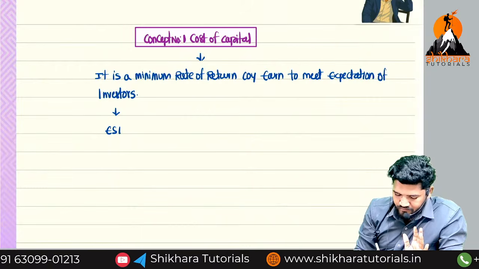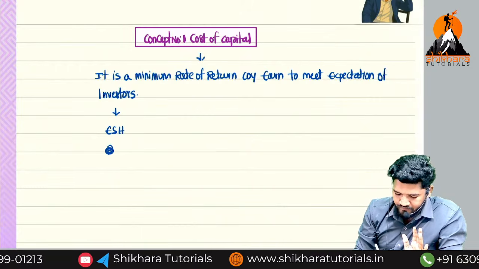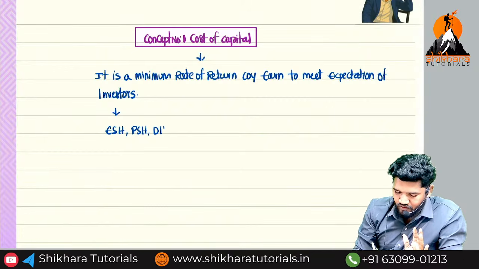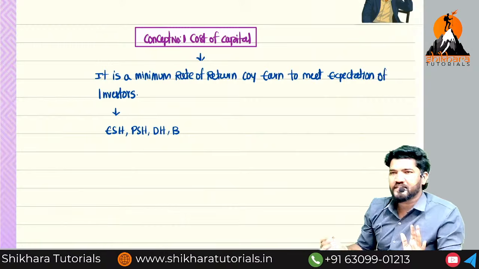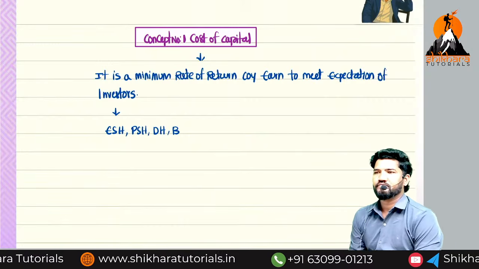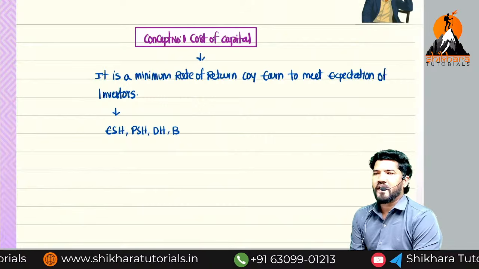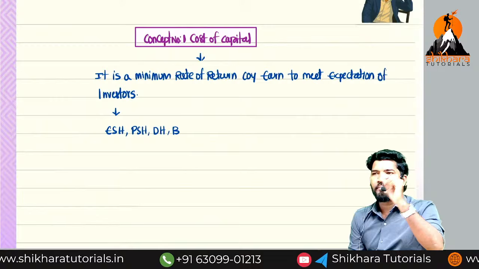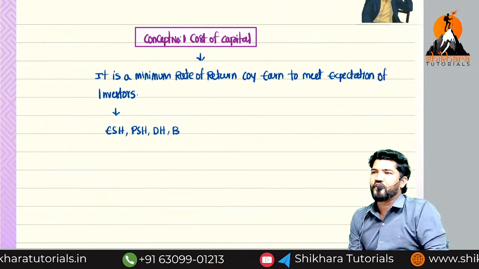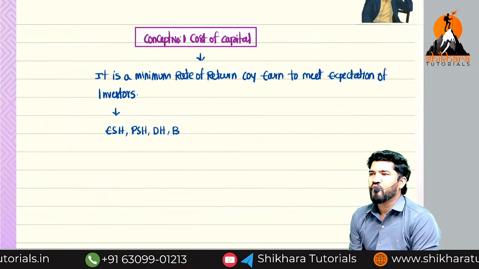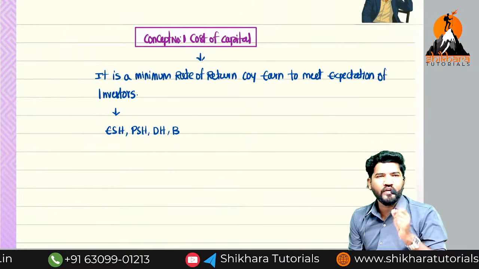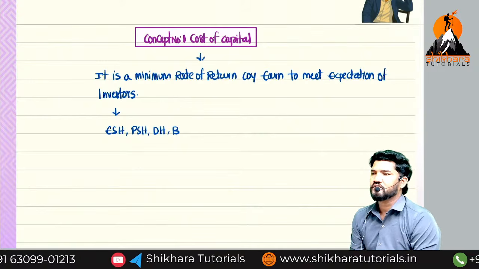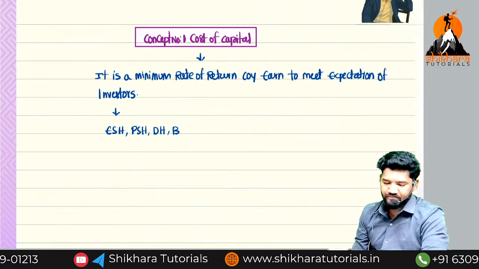Equity shareholder, preference shareholder, debenture holder, banks or private institutions. Each and every point you need to see from the company's point of view only, not the investor's point of view. Clear, Nana? Why? Because the calculation we are doing is a return for the investor and a cost for the company. Are you clear? Okay, then fine.